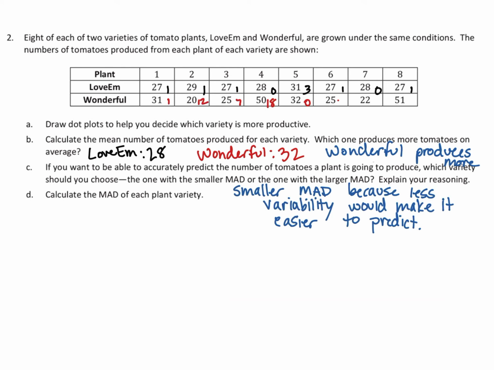Now to calculate the MAD, we add up those distances and divide by 8. And then we are going to do the same thing for Wonderful.